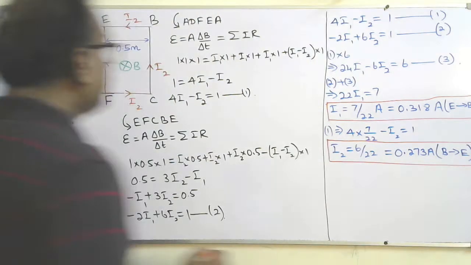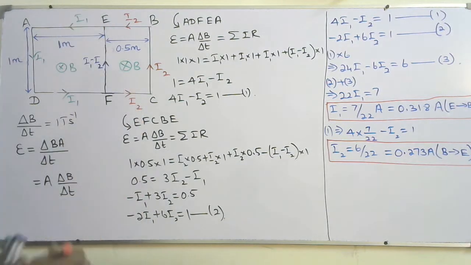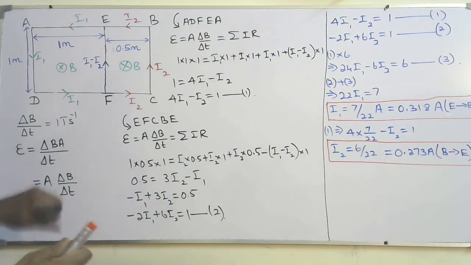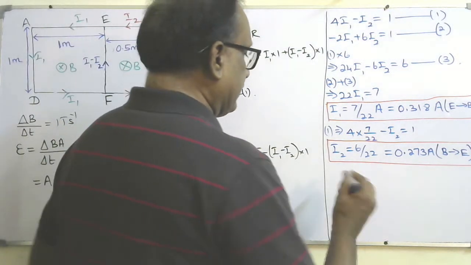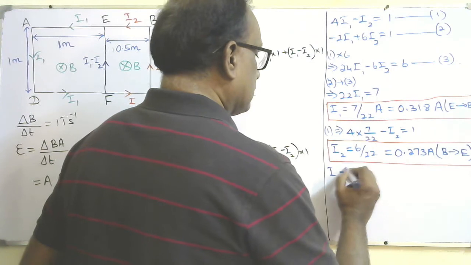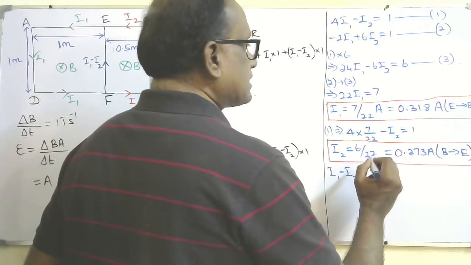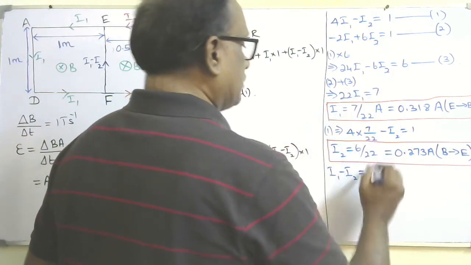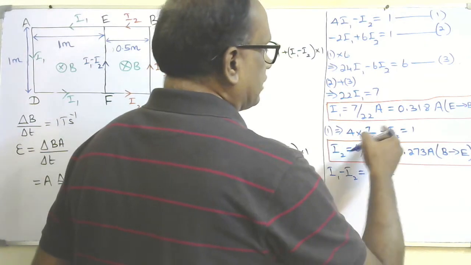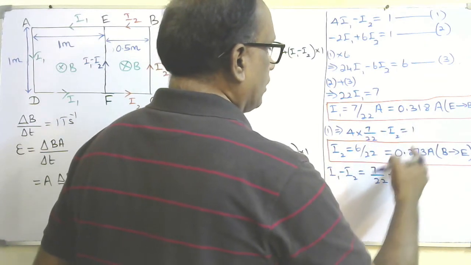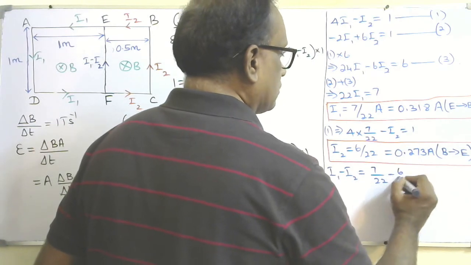Okay, so lastly I need to find the current flow on EF, whether it is going to be E to F or F to E. I took it F to E, we'll see. So that is I1 minus I2. So I1 is, we found, 7 over 22 minus the other one, 6 over 22.